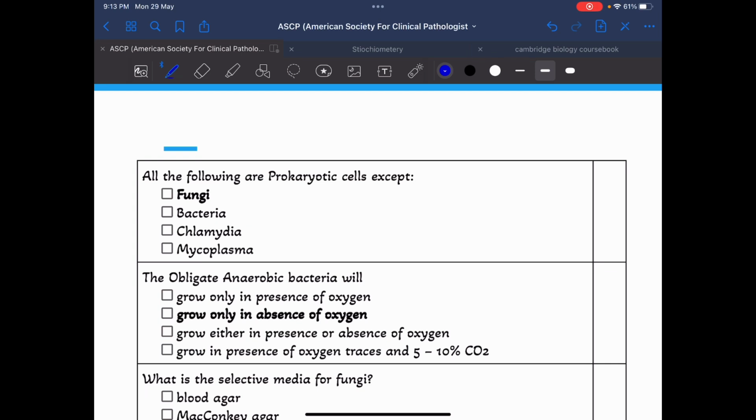All the following are prokaryotic cells except: fungi, bacteria, chlamydia, mycoplasma. All are prokaryotic except fungi is the correct answer.